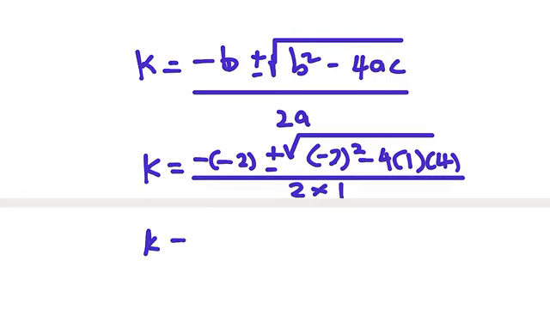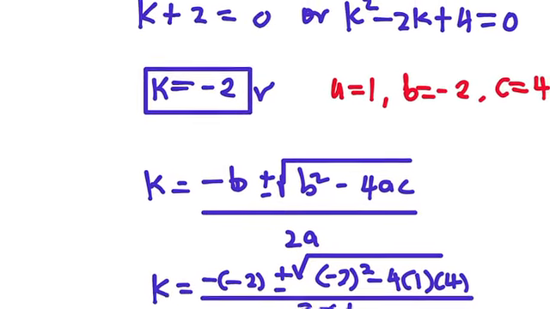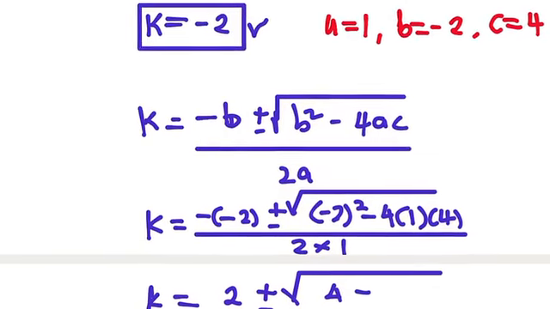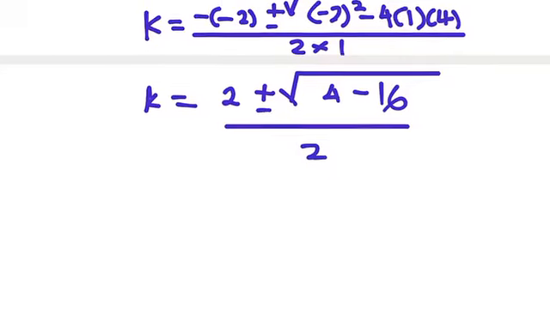So we have 2 plus or minus the square root of 4 minus 4 times 4, we have 16, all divided by 2. Understood? Okay, moving on.